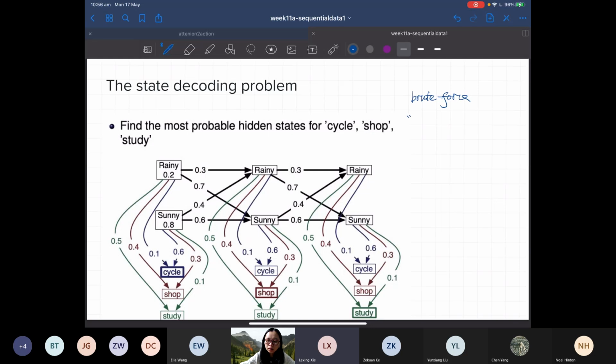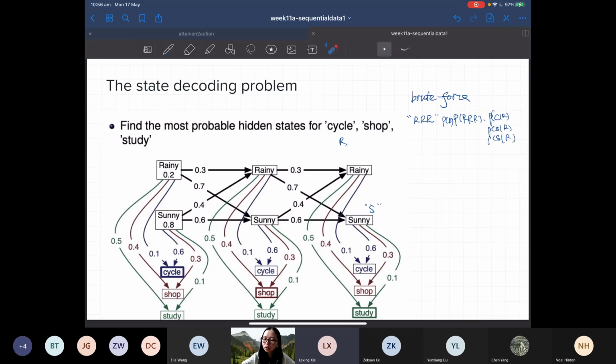I'm going to abbreviate rainy, sunny for the state value. So if we're going rain, rain, rain, then we essentially need to trade off the probability of rain, rain, rain, and the initial rain, and the probability of, let's say, cycle given rain, probability of shop given rain again, and probability of study given rain.